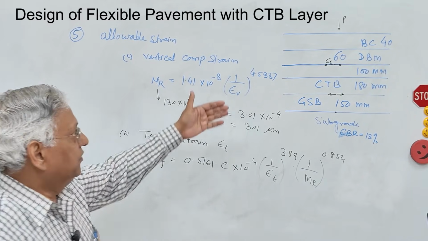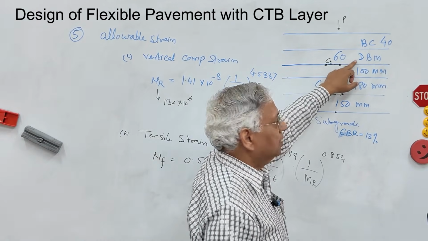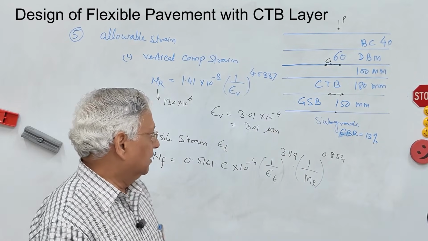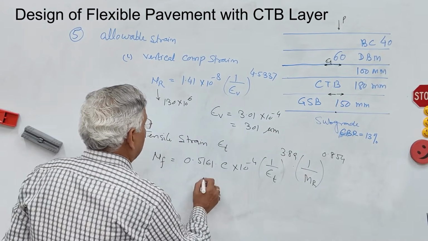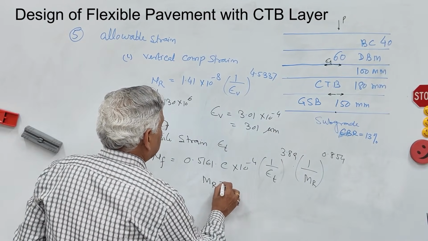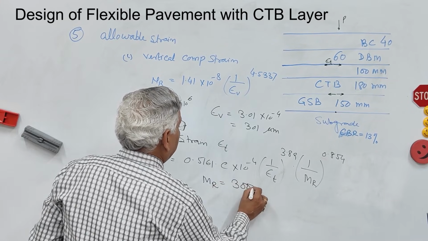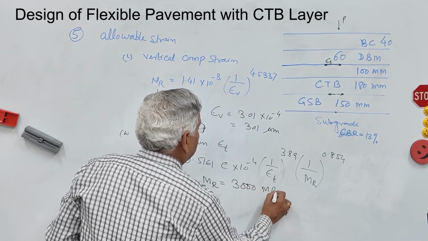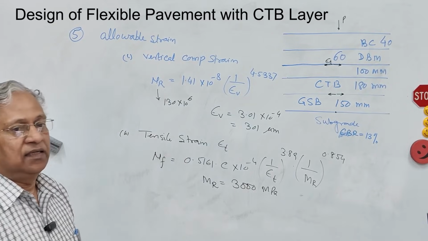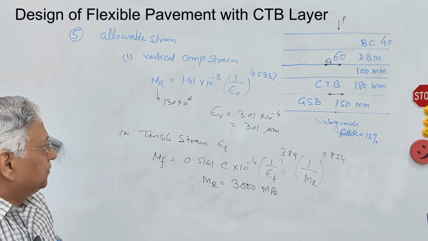MR is the resilient modulus of the bituminous layer. Let us say we will be using VG40 in DBM layer, and as per IRC 37, this MR for bituminous layer with VG40 binder at 35 degrees centigrade is 3000 MPa.